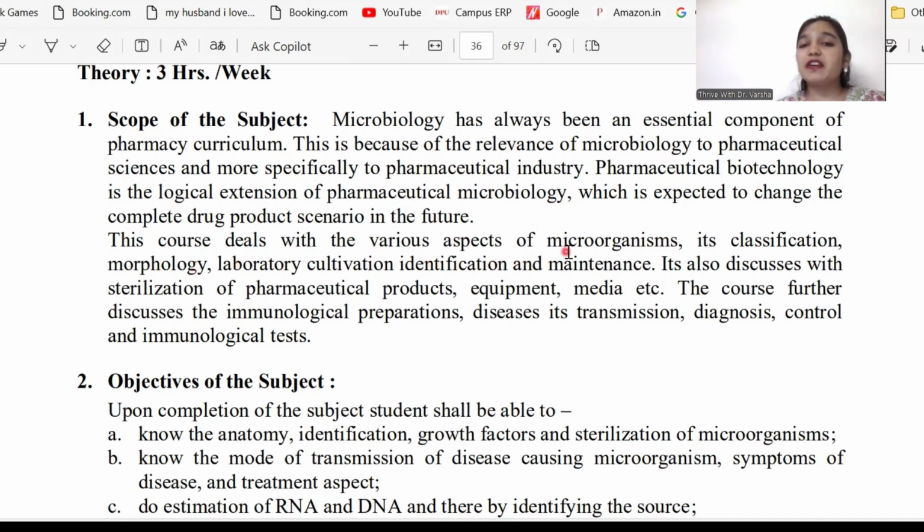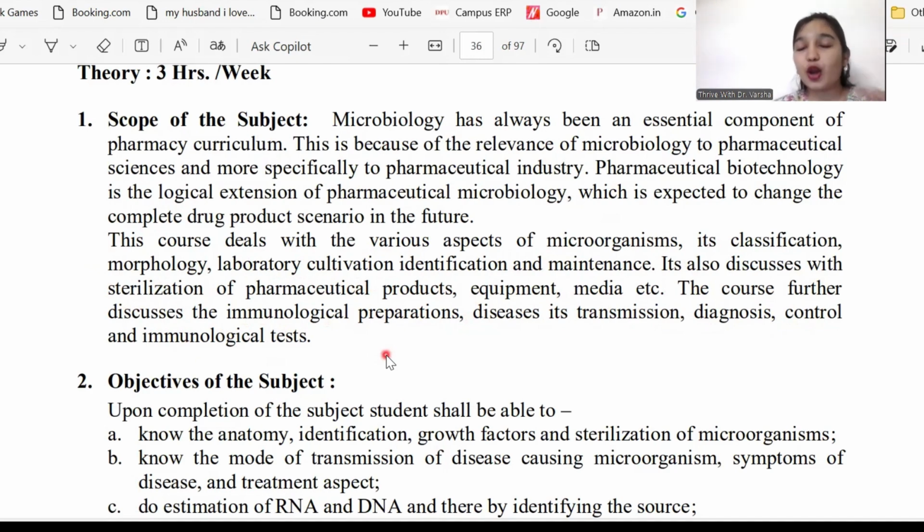This course deals with various aspects of microorganisms: classification, morphology, laboratory cultivation, identification, and maintenance. It also discusses sterilization of pharmaceutical products, equipment, media. The course further discusses immunological preparations, disease transmission, diagnosis, control, and immunological tests.